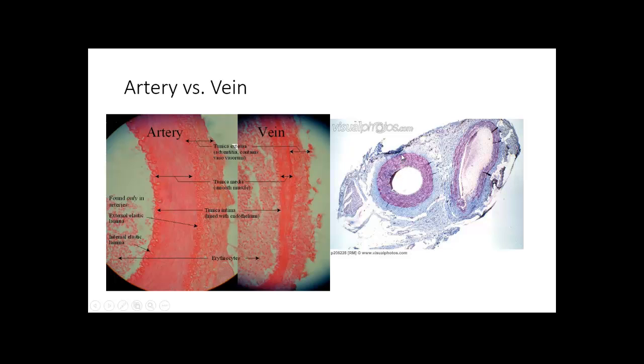If we look at the other two layers, the tunica adventitia, that's the outer layer outside the muscular layer, shown in blue here, that's just the connective tissue around the vessels. We can see those are relatively the same in the arteries and the veins. So you have tunica adventitia, tunica media, and then the inner lining, a very thin layer, is the tunica intima.